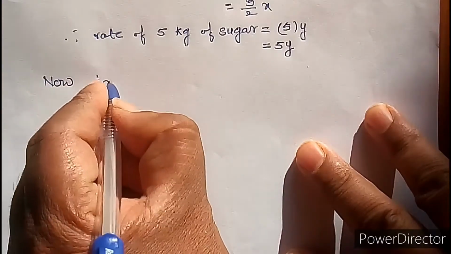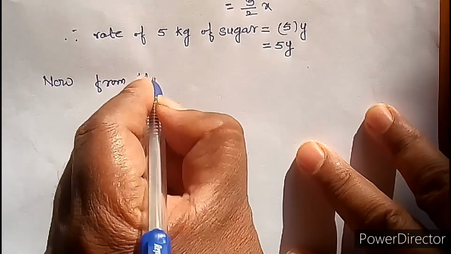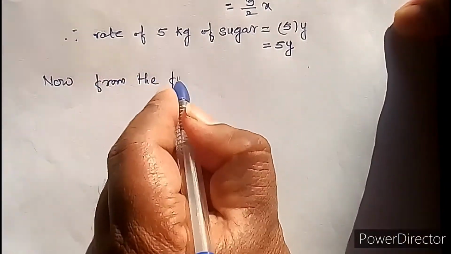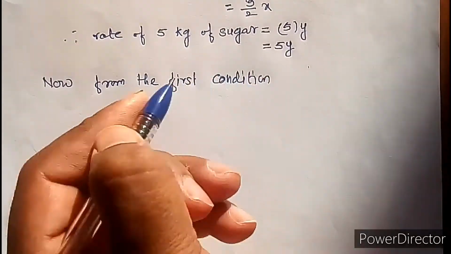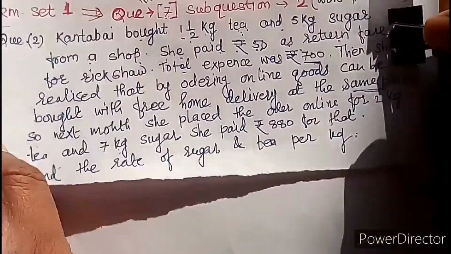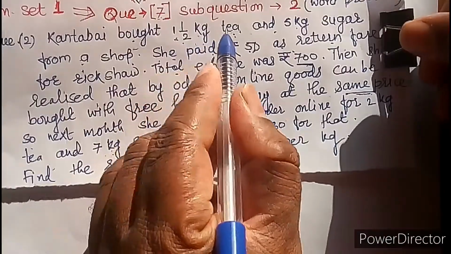Now from the first condition that is given here, the first condition is Kantabai bought 1.5 kg of tea.